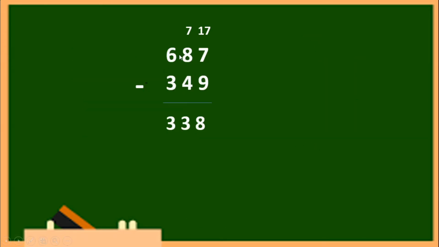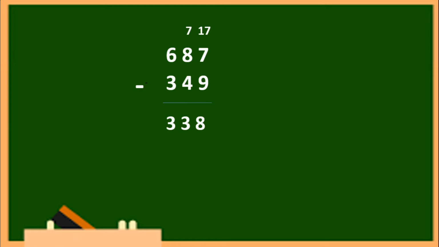Here we borrow this 1 tens from this 8 to this ones column. So here 17 ones and here 7 tens are left. So 17 minus 9 is equal to 8, 7 minus 4 is equal to 3, and 6 minus 3 is equal to 3.